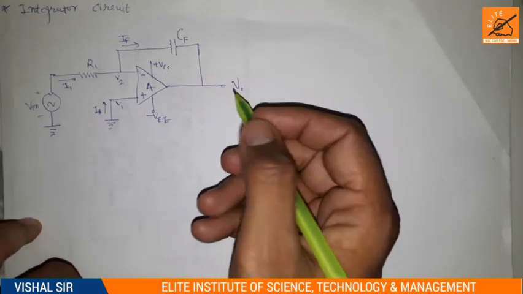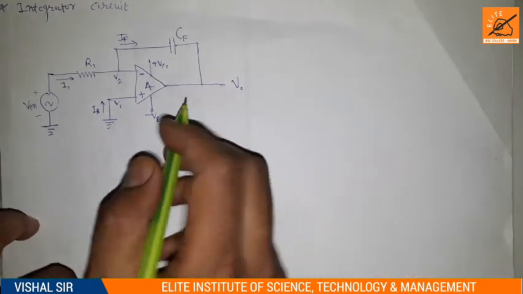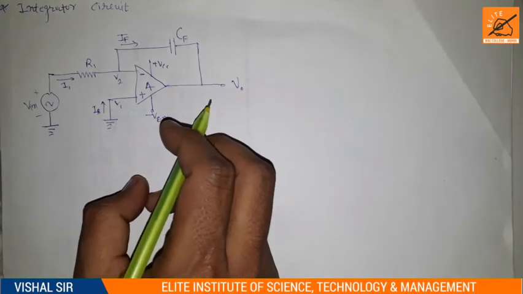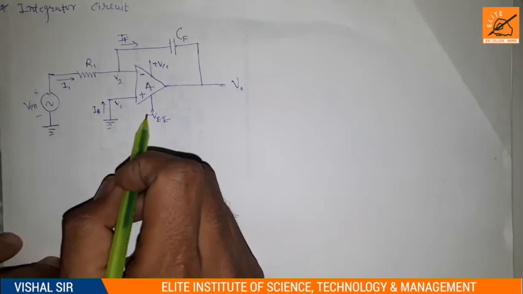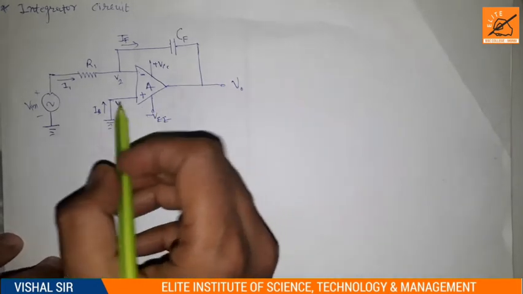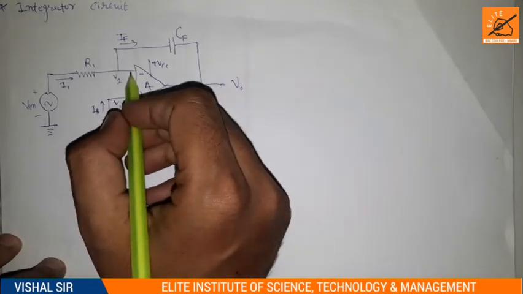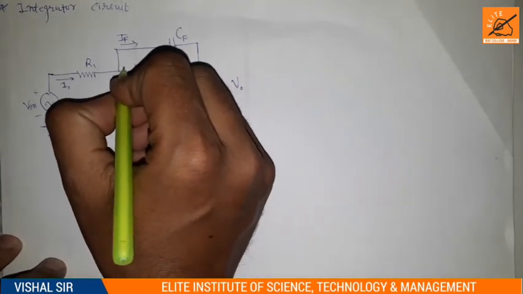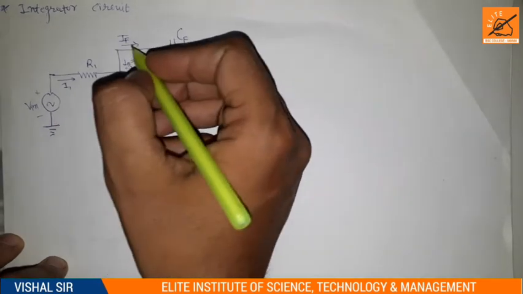Now how can we find the output voltage mathematically? Referring to this figure, applying Kirchhoff's current law at node V2. Here is I1, IF, and this is IB, almost 0.